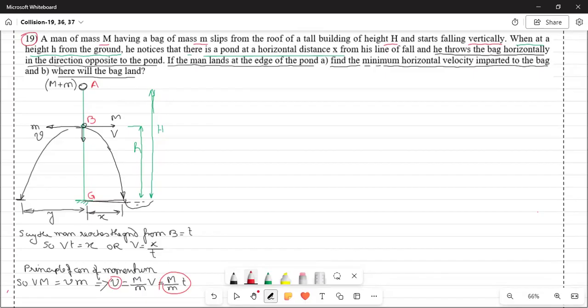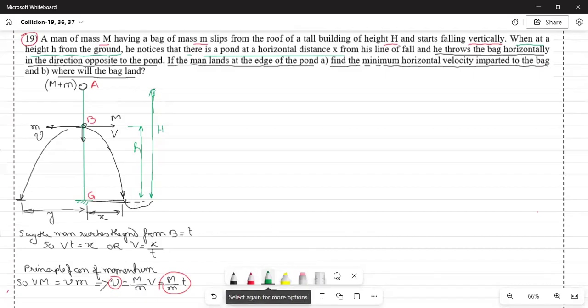Here, we come back to this point. If capital H is the height from A to the ground, and small h is from B to the ground, then obviously this distance is equal to capital H minus small h. Also, let us consider the time of fall.